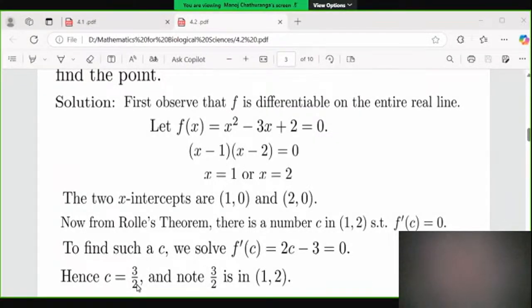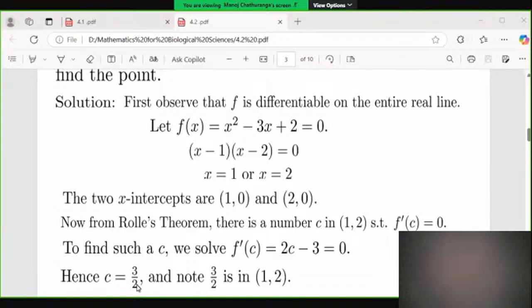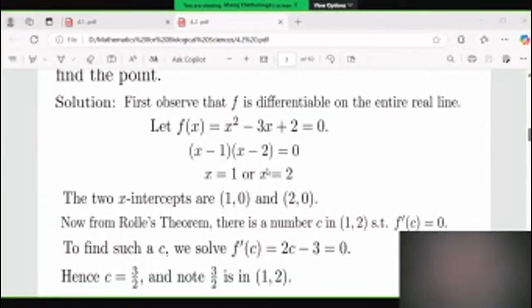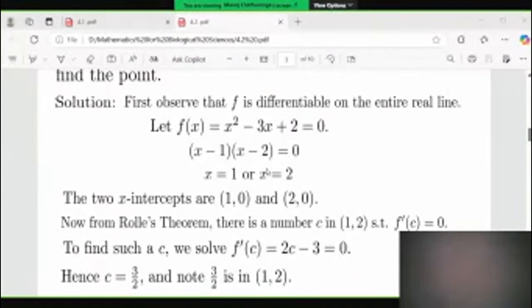Now, if you want, you can check whether it is a maximum or a minimum point. You can do it by analyzing the sign of the derivative between 1 and 3 divided by 2, and also the sign between 1.5 and 2.